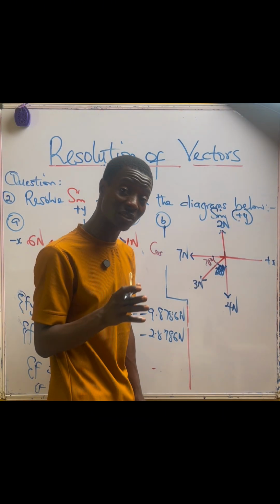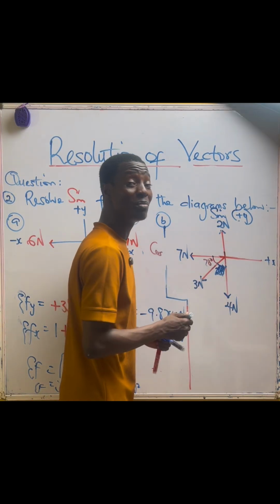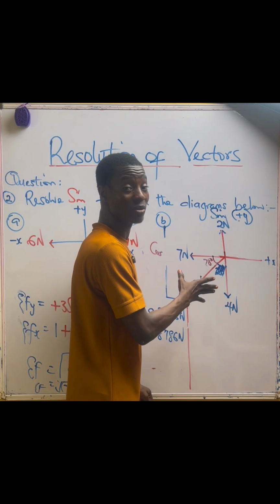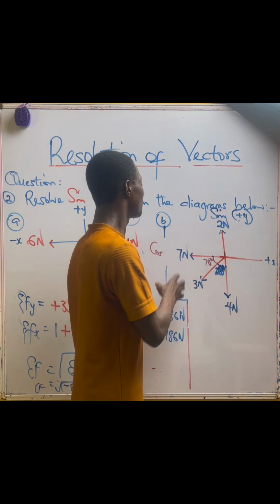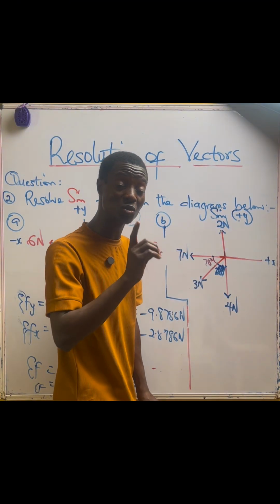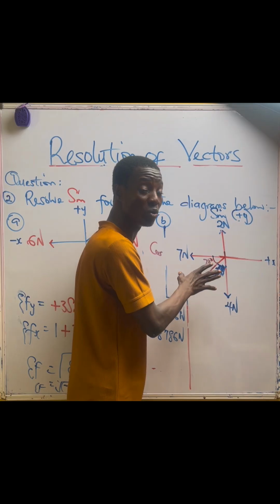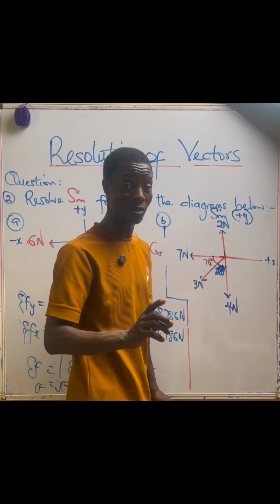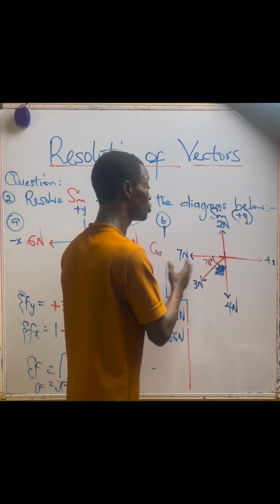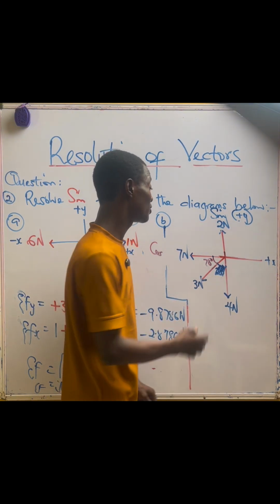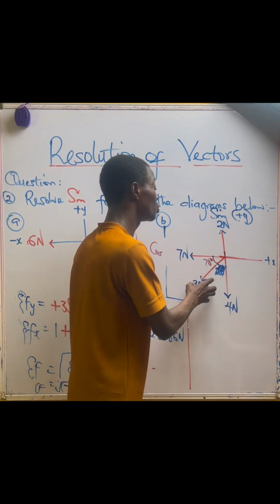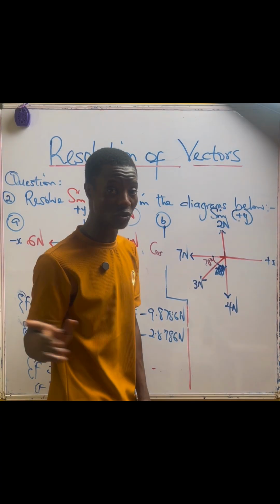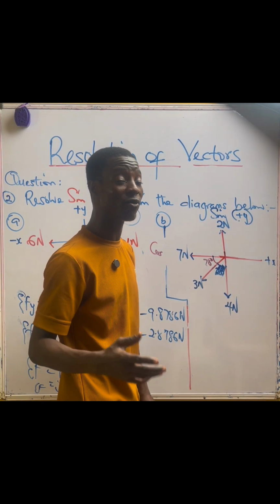But since you're just learning the method for the first time, what you have to do as a student is to stick to what you know, which is cos and sine for now. As time goes by, I will show you why it will work if somebody uses sine, and it will work if you also use cos. Do you get it? All right, so let's just resolve and see how far we can go.